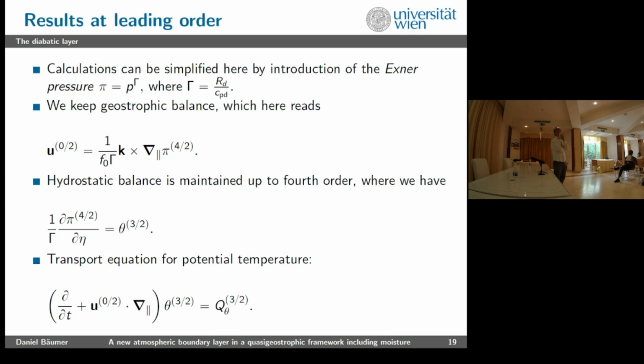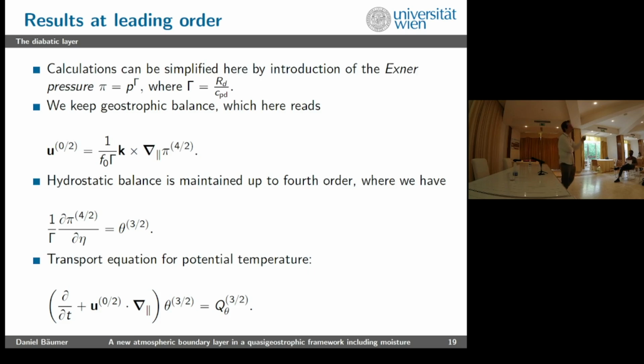Okay, so the calculations that we do, they are greatly simplified if we introduce the Ekman pressure, which is just P to the power of gamma, which is the ratio of gas constant for dry air and heat capacity for dry air at constant pressure, which we could observe before already. And then, so the results are, first of all, we keep geostrophic balance. That's very important.